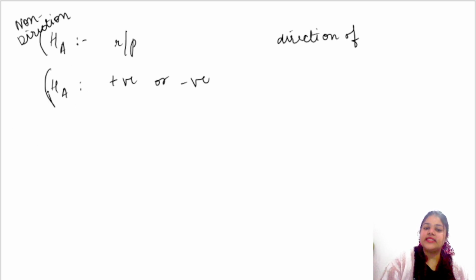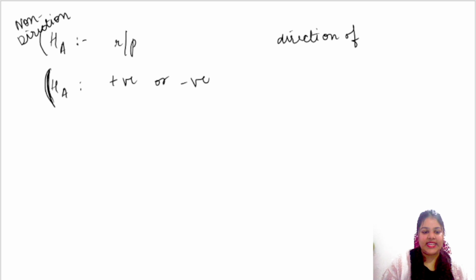But in this other type of hypothesis, I am stating that there would be either a positive relationship or a negative relationship. So this type of hypothesis is a directional hypothesis. Let us also understand this by the normal probability curve attached to these particular types of hypothesis.